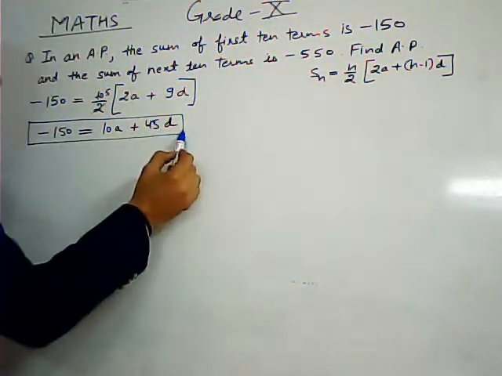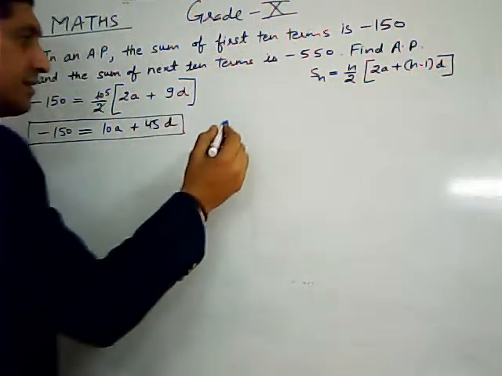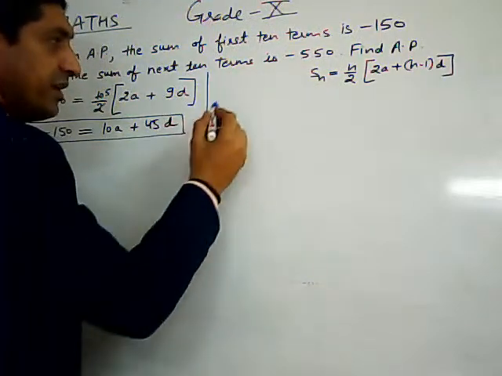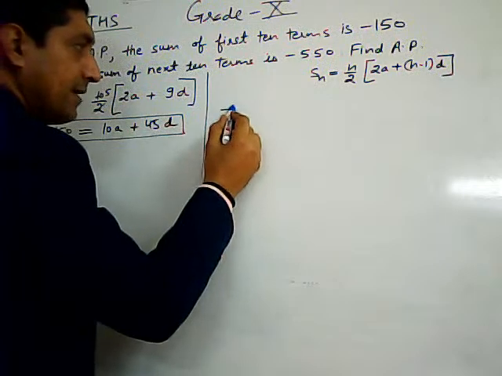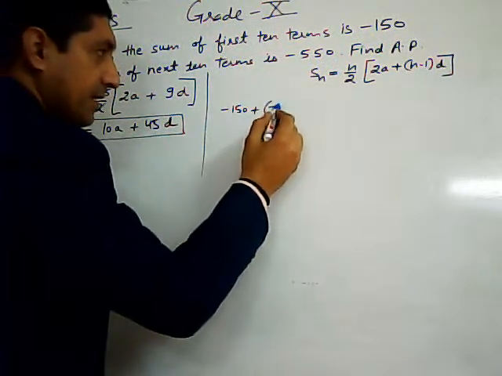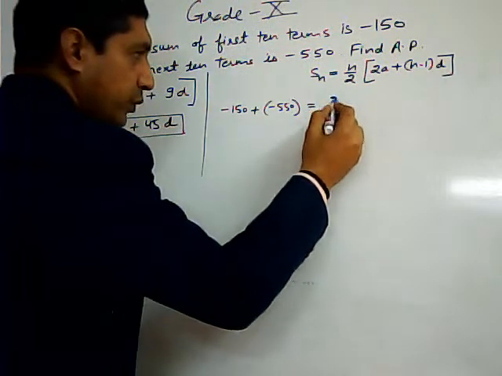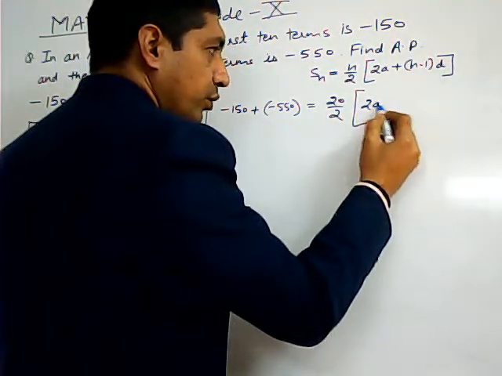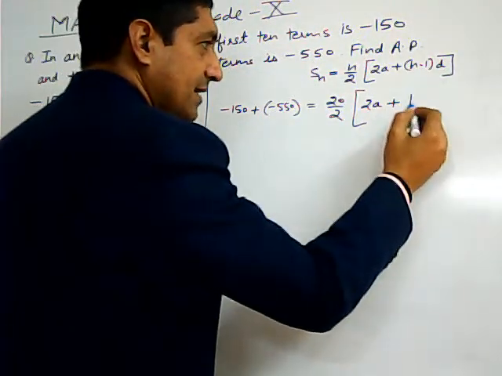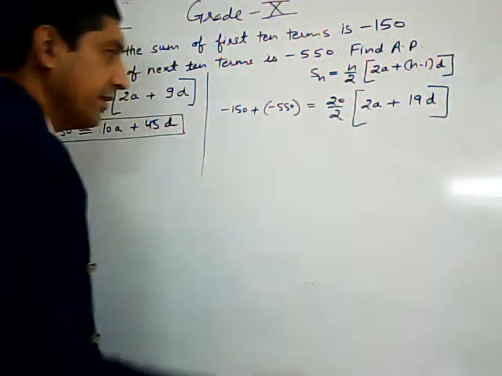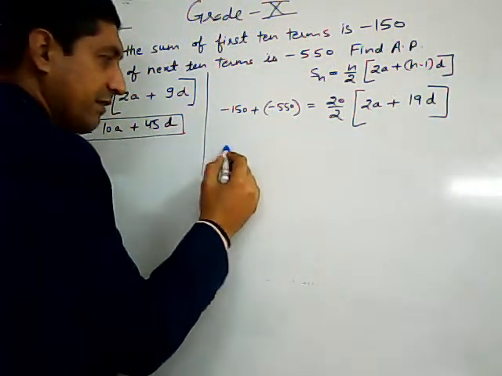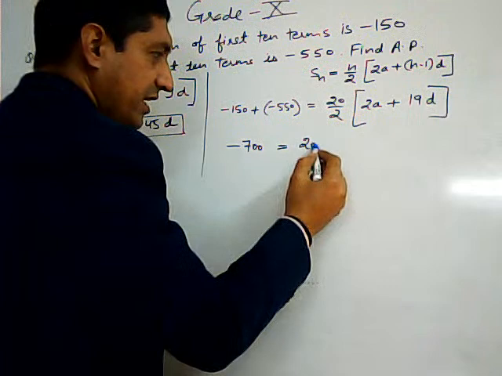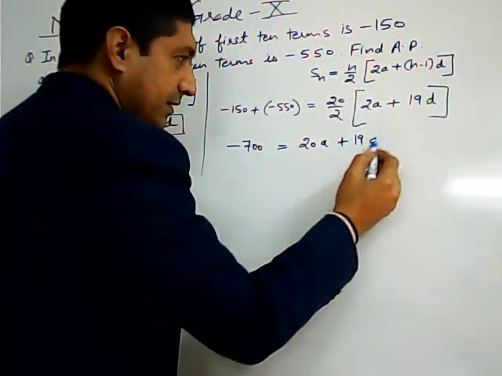For the second equation, we can add the 10 and 10 terms, that is the sum of the first 20 terms: minus 150 plus minus 550 is equal to 20 upon 2 into (2a plus 19d). So minus 700 is equal to 20a plus 190d.